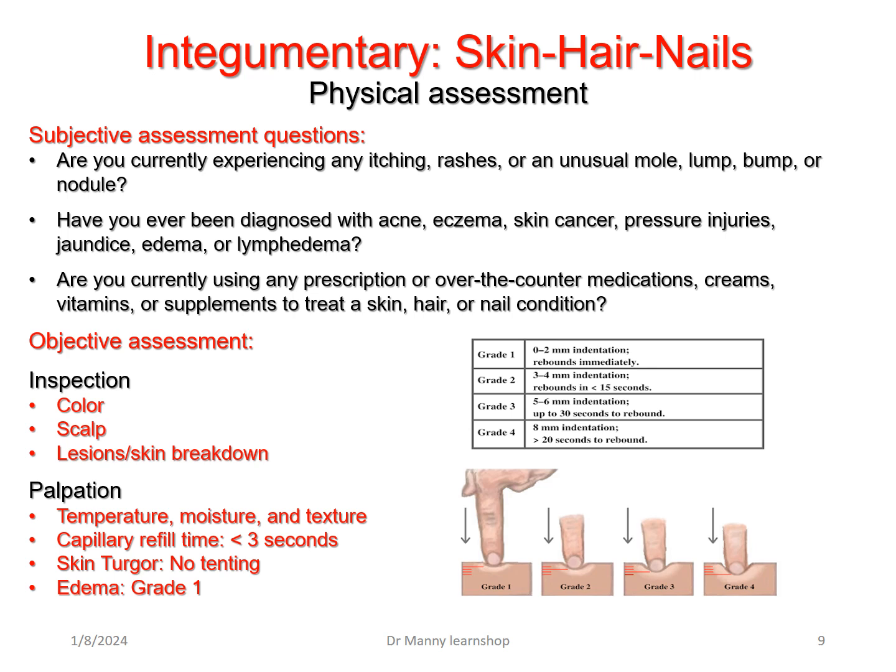You'd be looking for lesions on the skin and if there was any skin breakdown. On palpation, you'd be assessing temperature, moisture, texture, capillary refill time, skin turgor, and whether there was any edema.